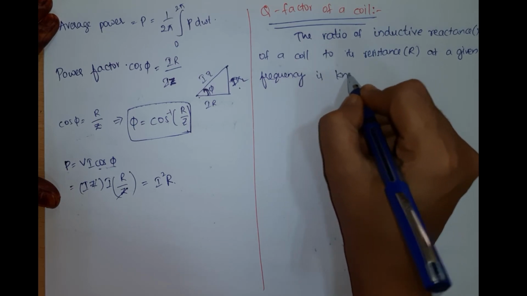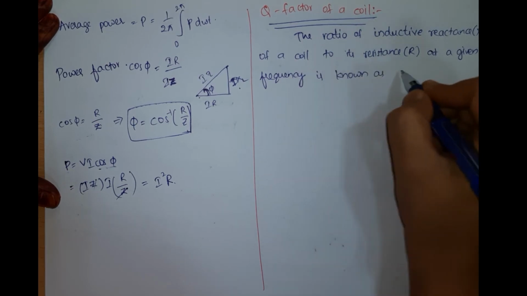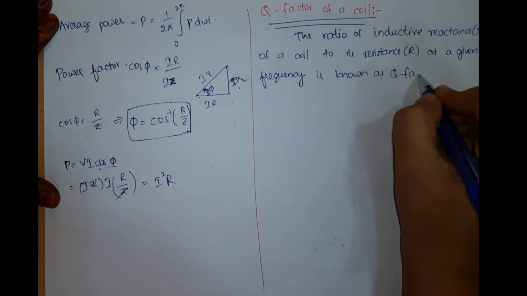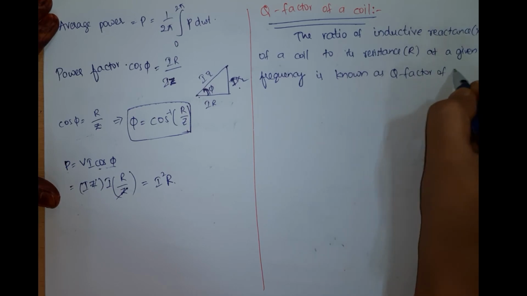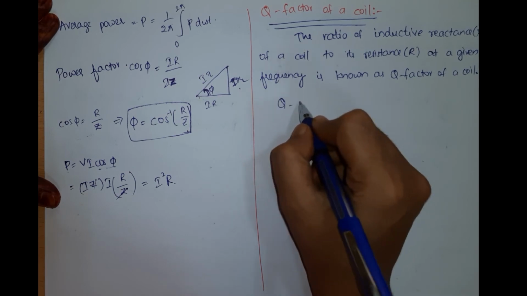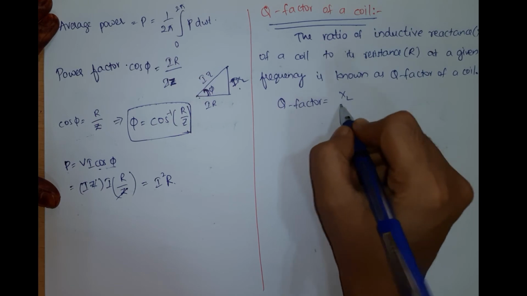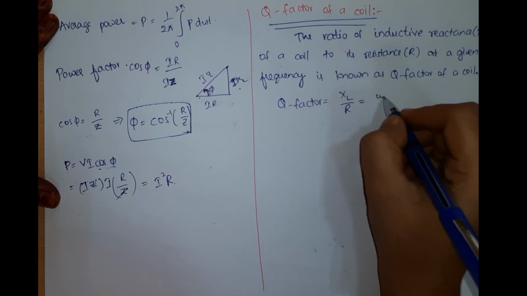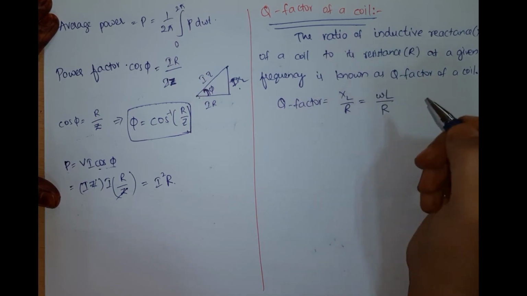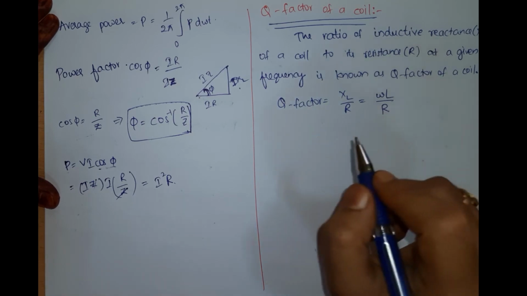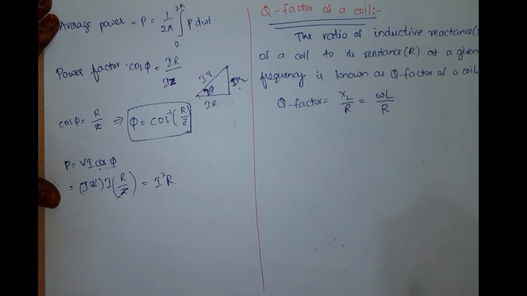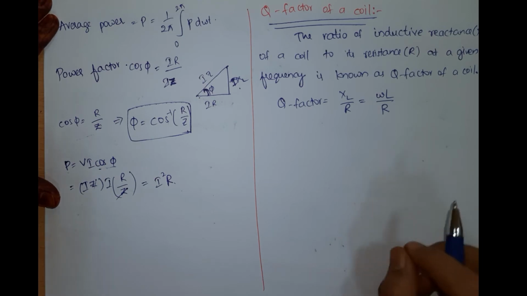That is known as the quality factor, or Q factor, of a coil. That means we can define Q factor as XL by R, where XL is omega L, so Q is omega L by R. This quality factor is used to describe the quality, or how effective the coil is.